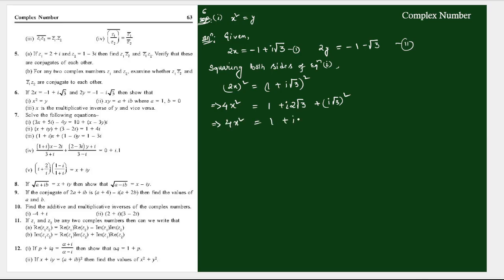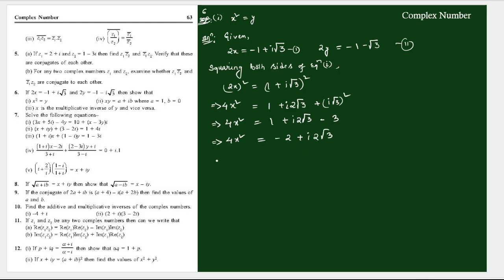So 1 plus 2 root 3 i. i square is minus 1, root 3 square is 3, so we can write minus 3. Now 4x square will be 1 minus 3, which is minus 2, plus i 2 root 3.